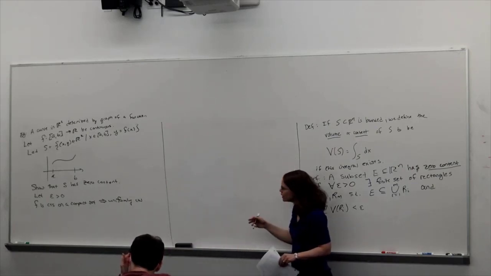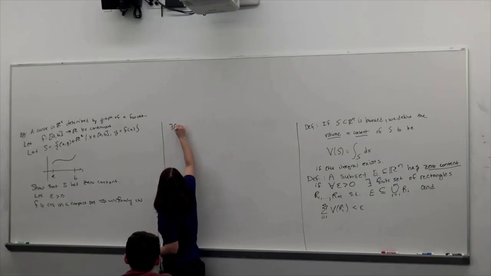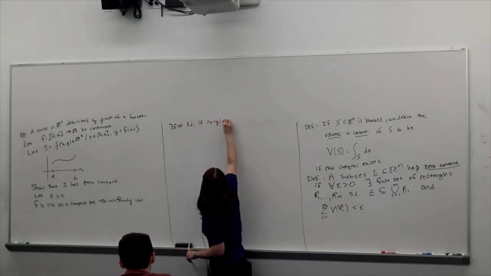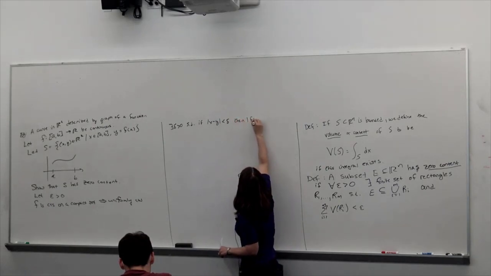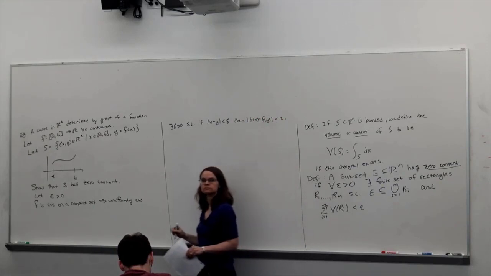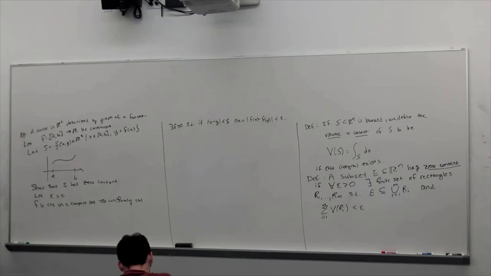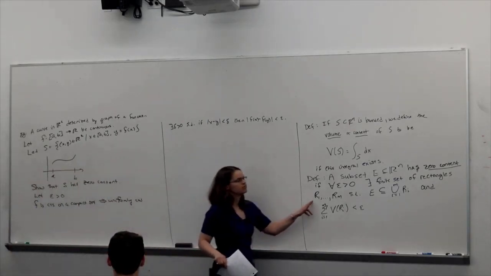Once again, I write down what these words mean. There exists some delta greater than 0, such that if the absolute value of x minus y is less than delta, then the absolute value of f of x minus f of y is less than epsilon. All right, now I have to use this fact somehow to build up a set of rectangles.